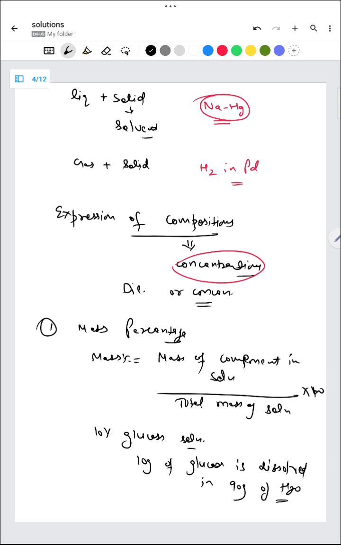So if we are calculating the percentage, the mass percentage will be 10 gram, the amount of glucose, that is the mass of component, divided by the total mass of solution. The total mass of solution will be 10 plus 90 is equal to 100, and into 100 it will result in 10%. That is why we are saying that it is a 10% glucose solution. Fine.